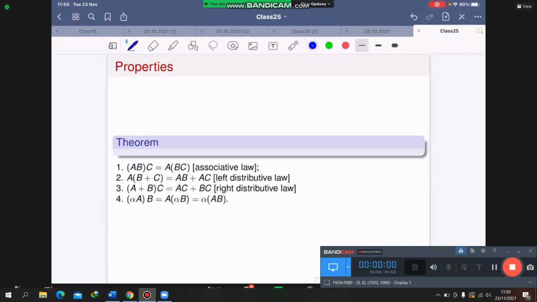by the scalar and then multiply the resulting matrix by the second matrix, or I can multiply the first matrix times the multiplication of my scalar and the second matrix. It doesn't really matter. I can put the scalar wherever I want, basically.